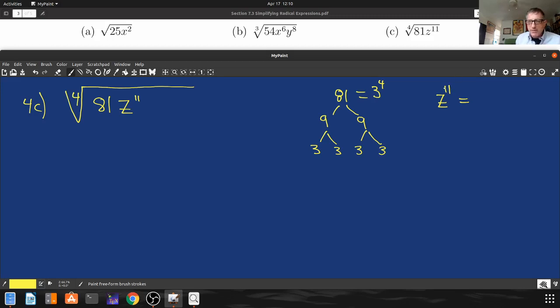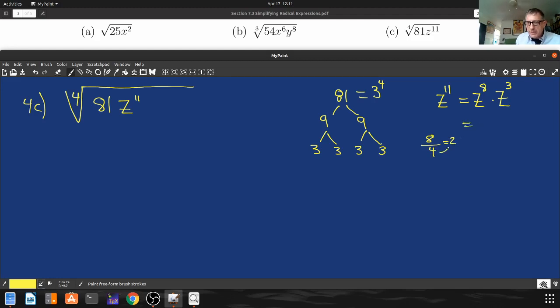Well, 10 is not divisible by 4, 9 is not divisible by 4, but 8 is. So I'm going to write this as z to the 8th times z cubed. So 8 plus 3 is 11. And now I know that 8 is divisible by 4. So 8 divided by 4 is equal to 2.